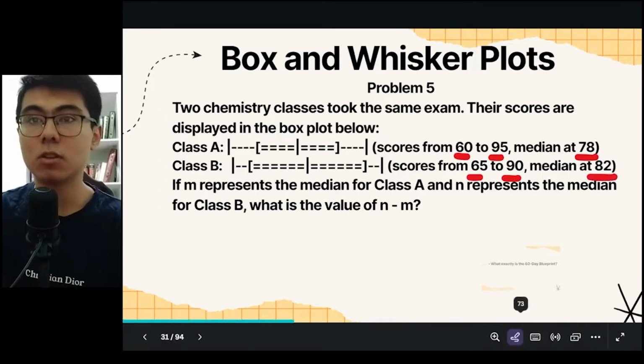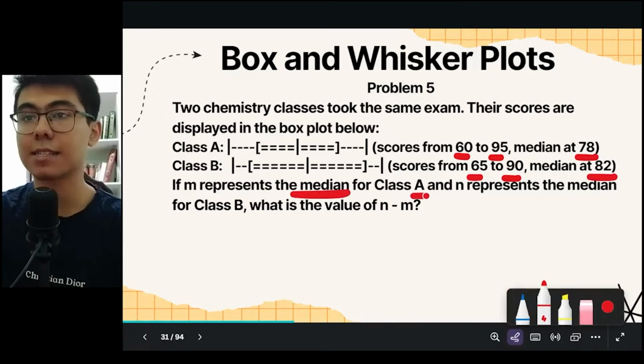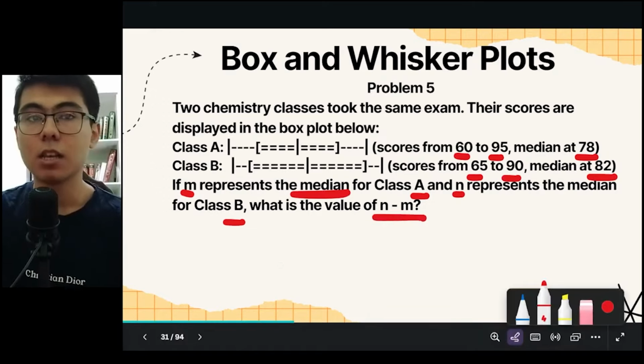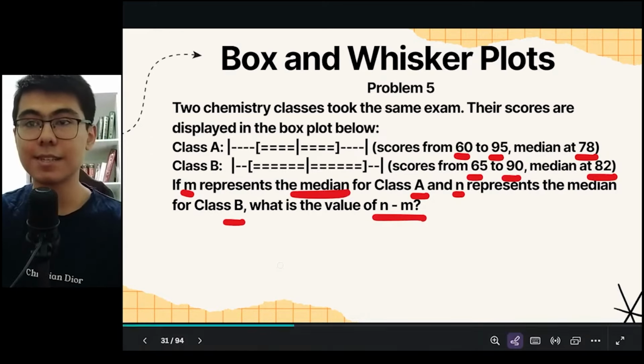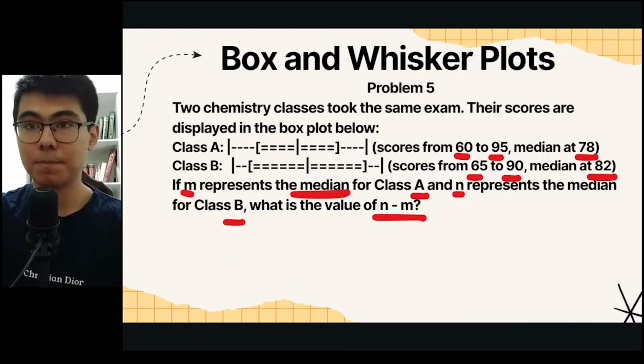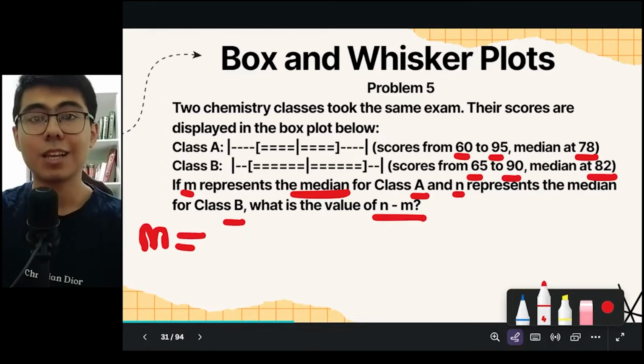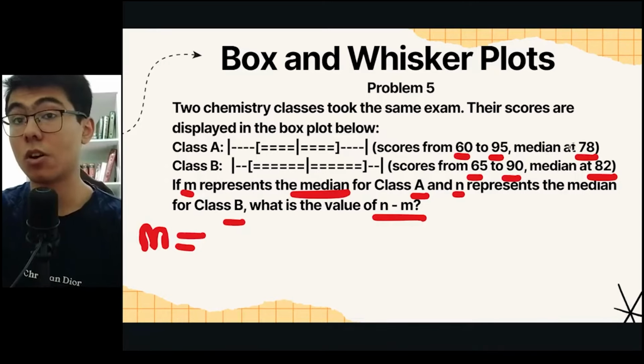So if M represents the median for class A and N represents the median for class B, what's the value of N minus M? So firstly, what is the value of M? You can drop in the chat the value of N. Okay, so the value of M is the median, so they're already telling us that it is 78.